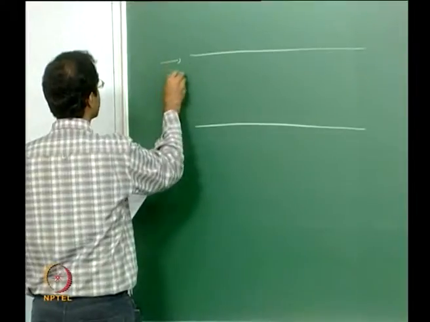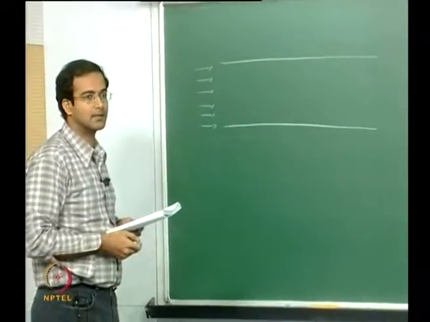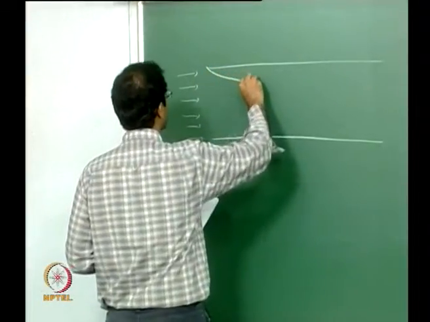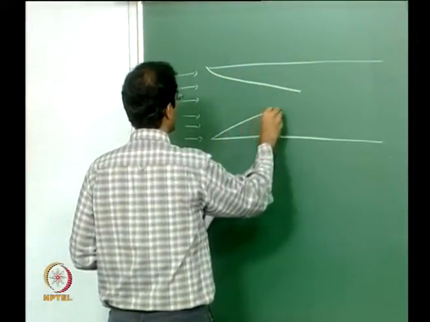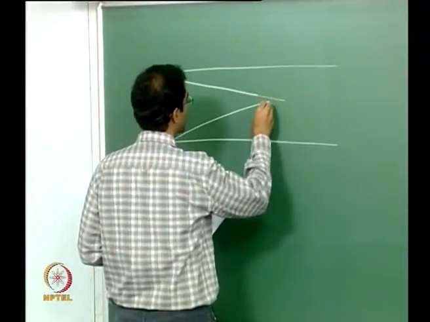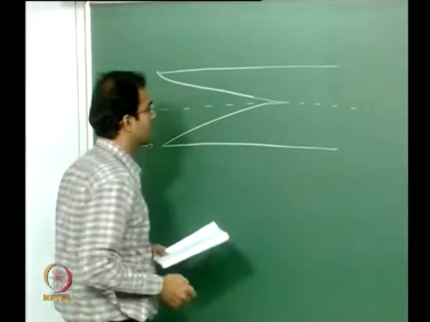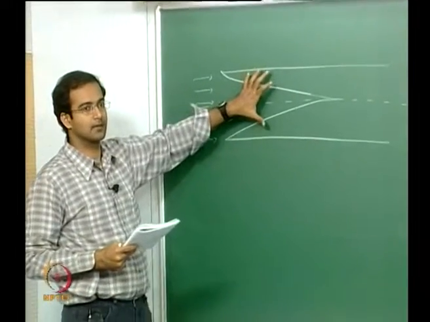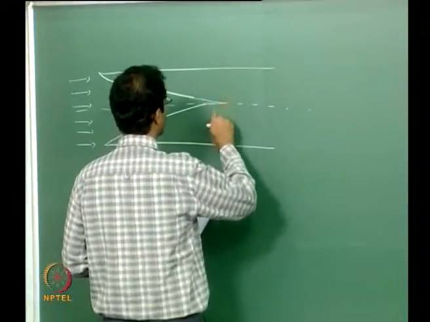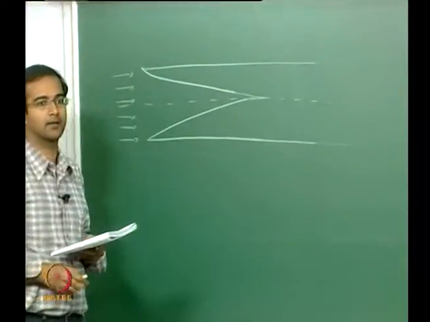When the flow enters the inlet of the duct, you have a uniform velocity across the cross section, and then you see boundary layer growth from the two walls of the duct, and this growth keeps going on till a particular location at the center of the duct. Exactly at the center the two boundary layers will merge, and after that the region is completely dominated by viscous effects.